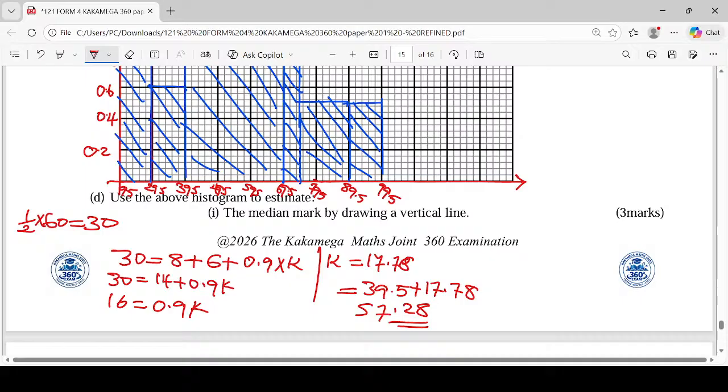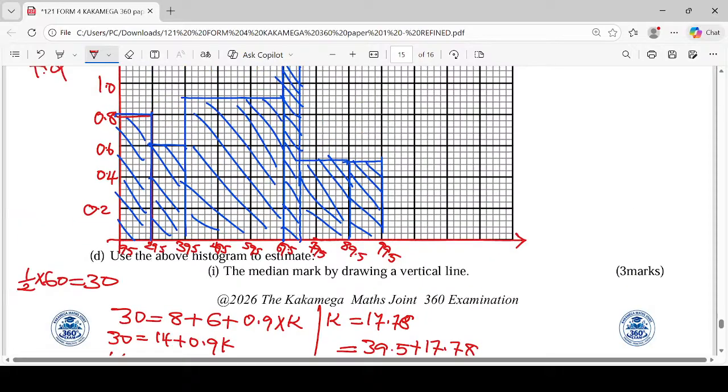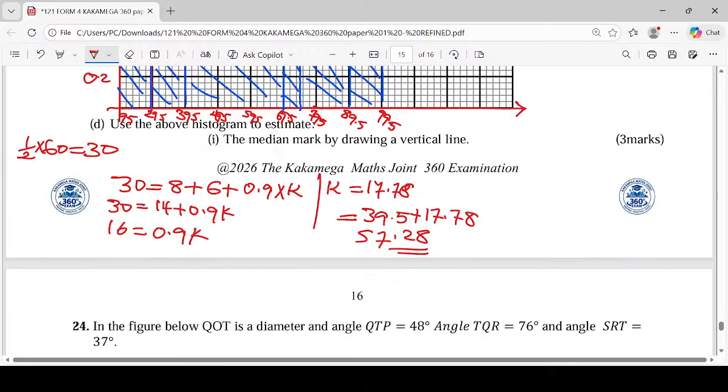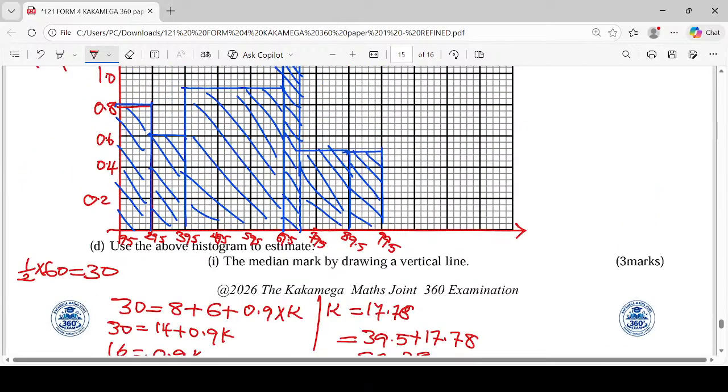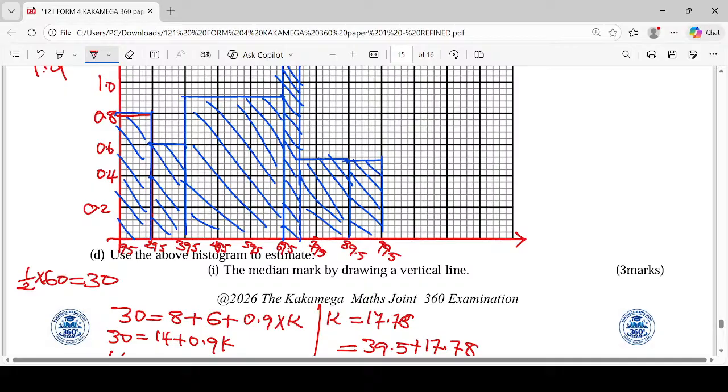I was moving with intervals of 10, so each is 2. If this is 49, 50, it is somewhere here. 57.28 is somewhere here.